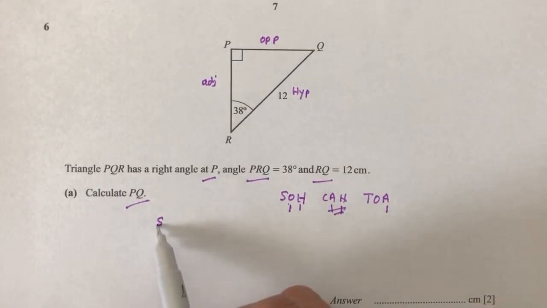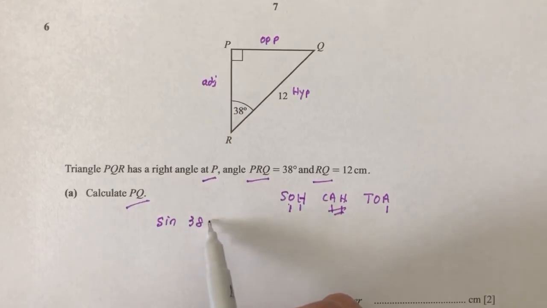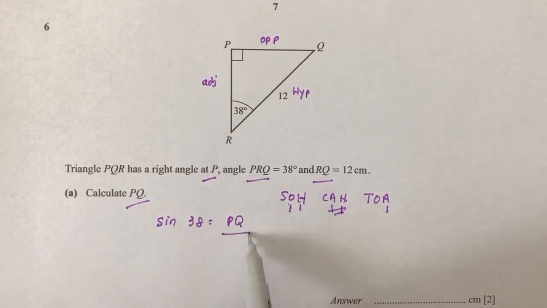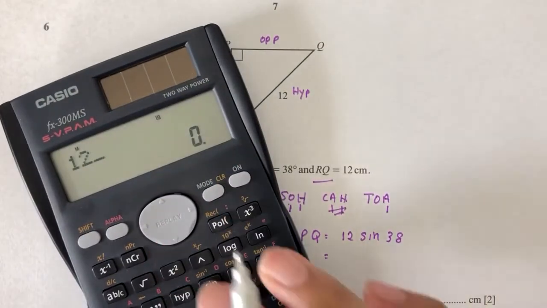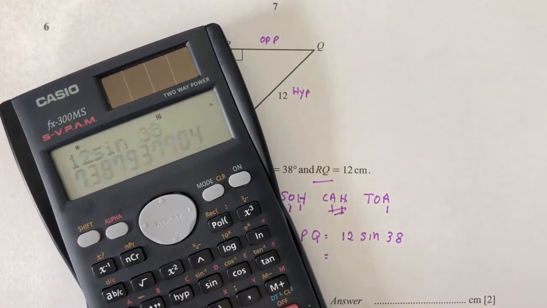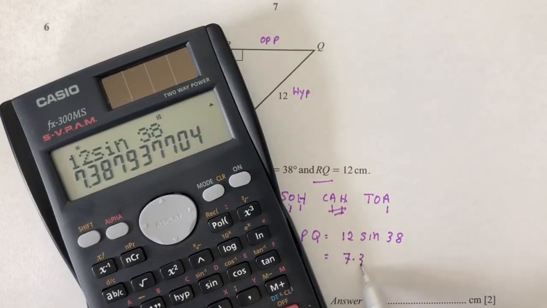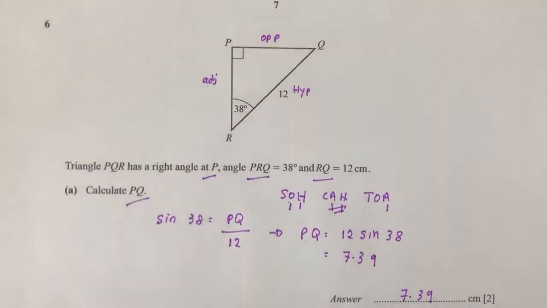So sine of the angle 38 is equal to PQ divided by 12. From this, PQ equal to 12 sine 38. So let's do that. 12 sine 38, that will be 7.39. That is your answer for the length of PQ.